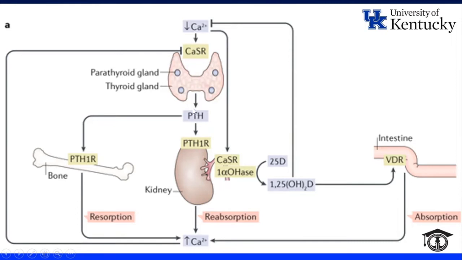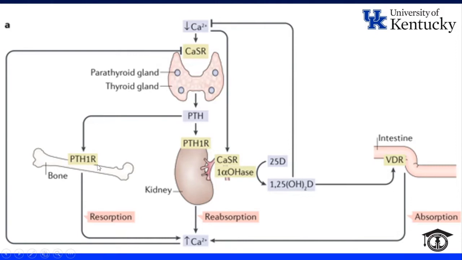So PTH goes up, and PTH actually induces two things, so far as we know: one effect is on the kidney and the other in the bone, because there are PTH1 receptors in kidneys and in bone.